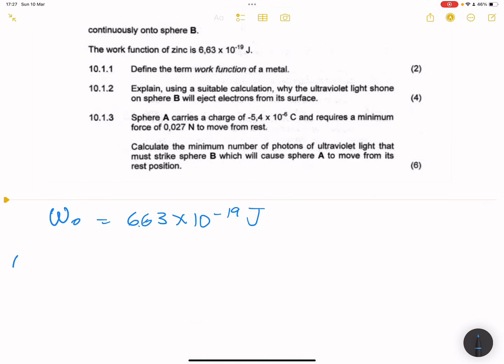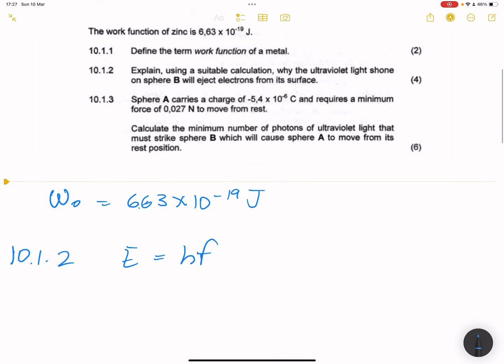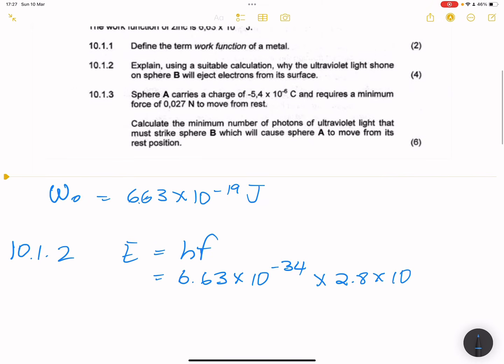So we need to find out the energy of the photon, and we simply do that by calculating E equals hf. We know h is Planck's constant, 6.63 times 10 to the minus 34. This is a constant that's given to us. This is multiplied by 2.8 times 10 to the exponent 16, okay?